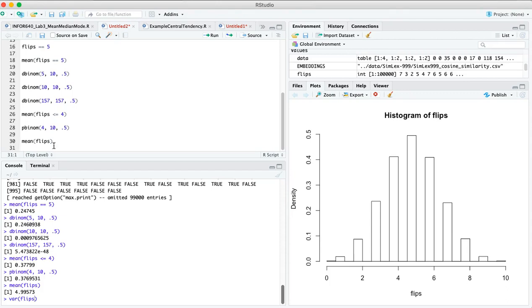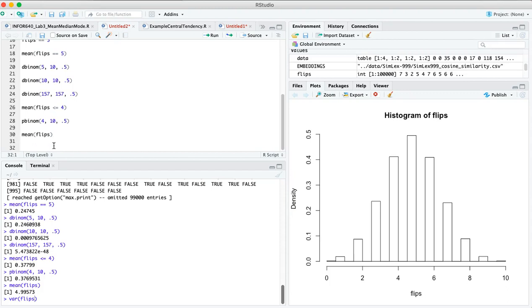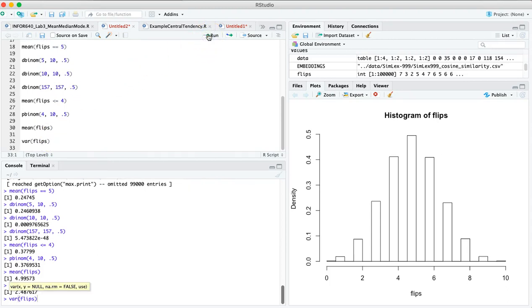So we'll go up here and we will ask for the variance of our experiment. So what was the range, or what amount of variation do we see? So we'll go ahead and type VAR, and we'll pass it flips, which was our flipping experiment. Go ahead and run that line.